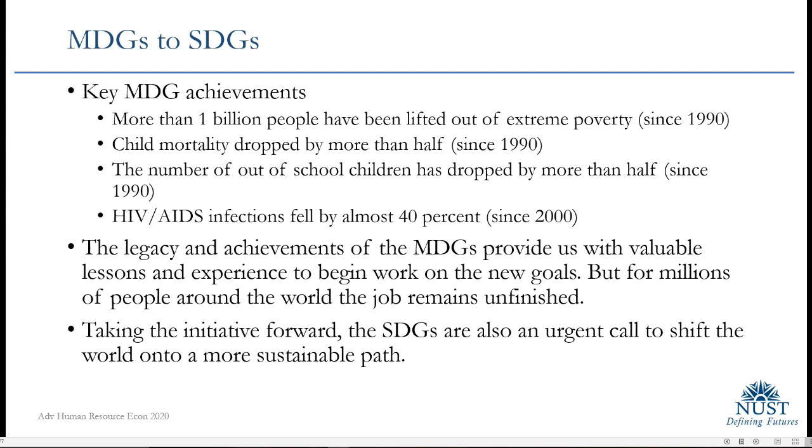Pakistan only managed to achieve some of the MDGs. Pakistan could not achieve many of the health related MDGs, especially stunting rates. Stunting rates have started declining recently, but it has been a long-term problem for Pakistan for at least two decades.